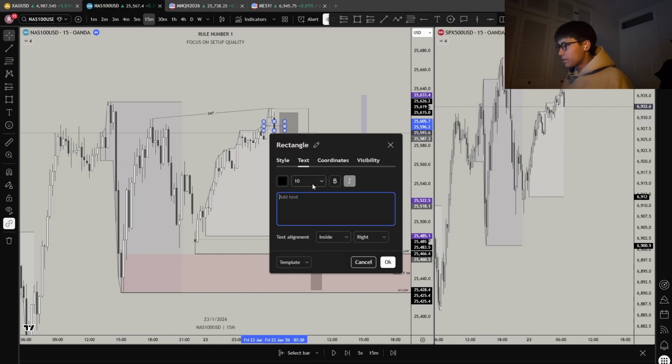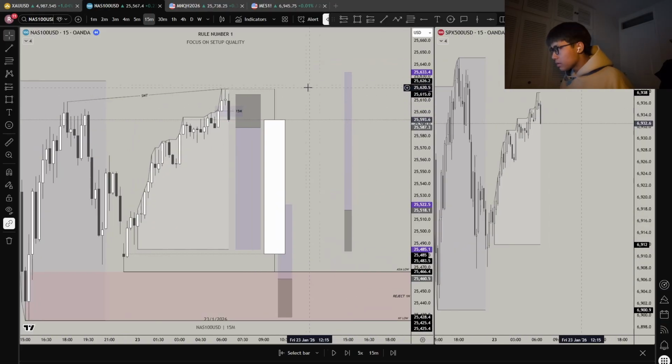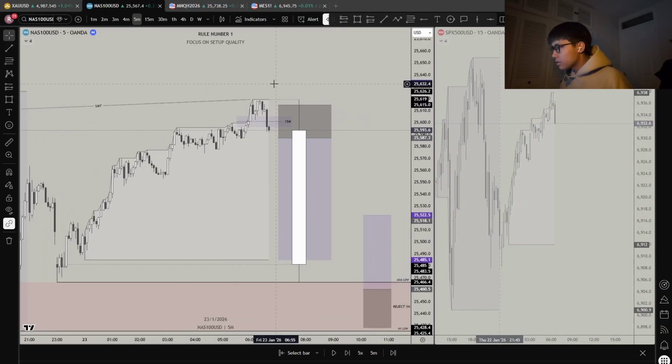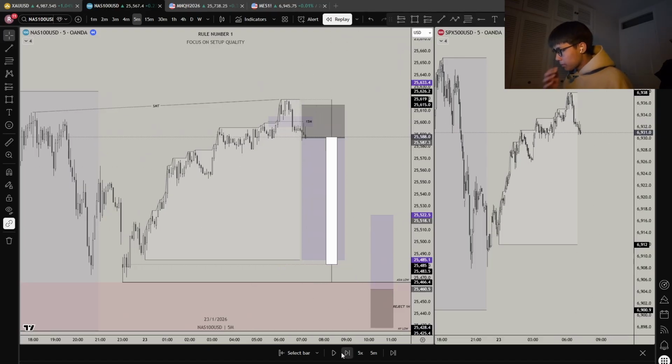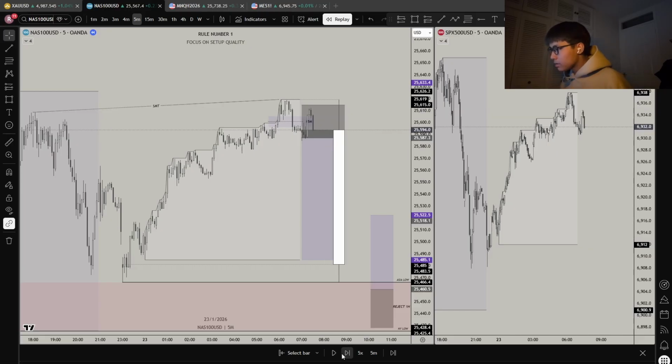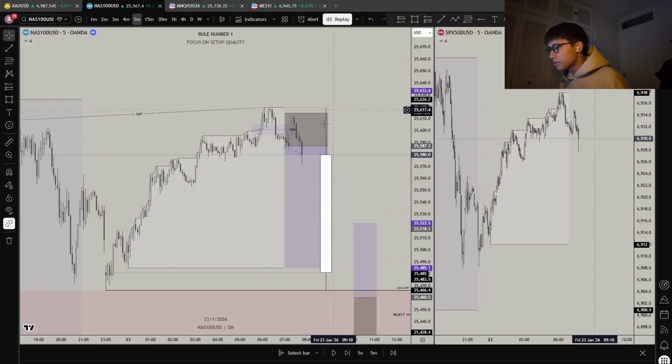On the 15 minutes, and then I believe my entry model was that it taps and then another inversion. Yes, so this was my entry model here, and then it changed the state in delivery.